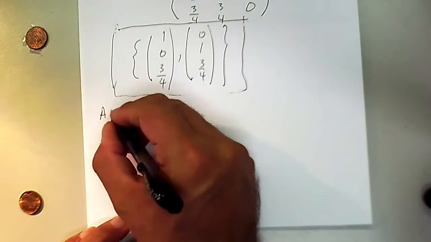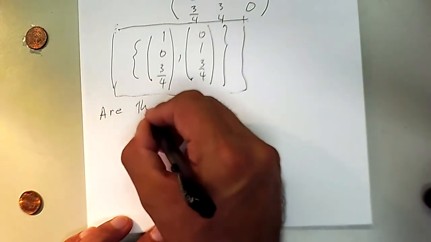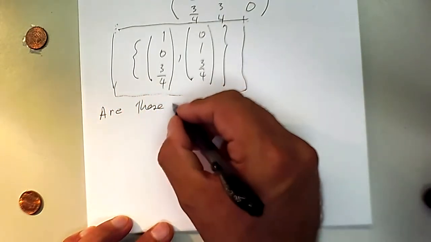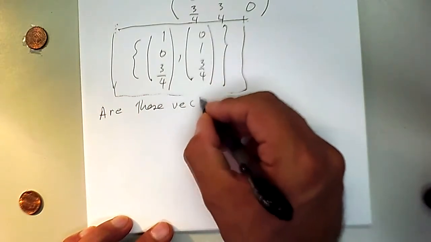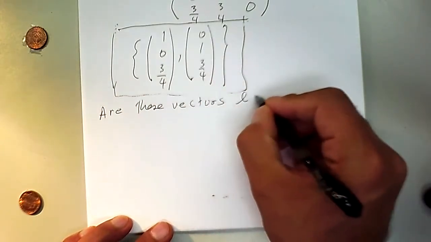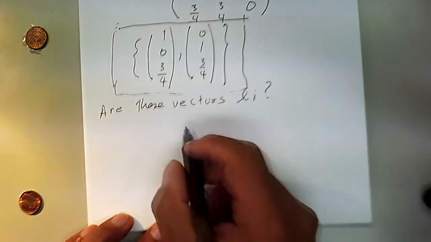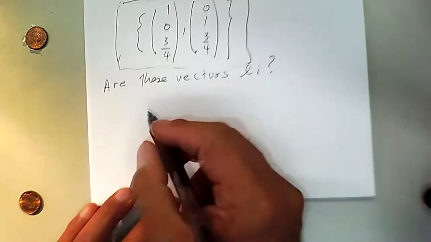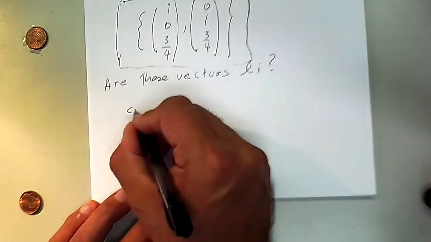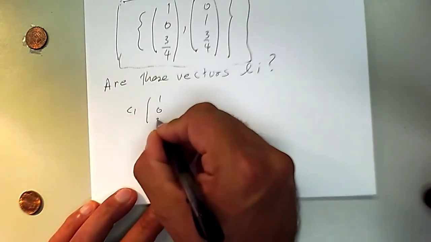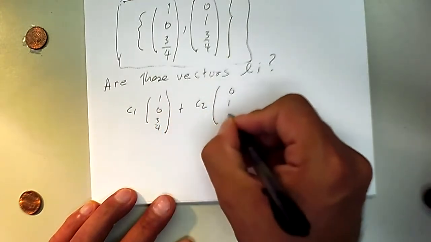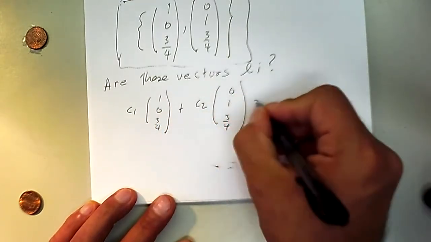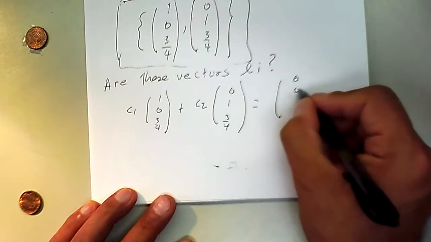So let's answer this question. Are the vectors in this set linearly independent? Well, let's see. Pretend C1 times 1, 0, 3 over 4 plus C2 times 0, 1, 3 over 4 is equal to 0, 0, 0.